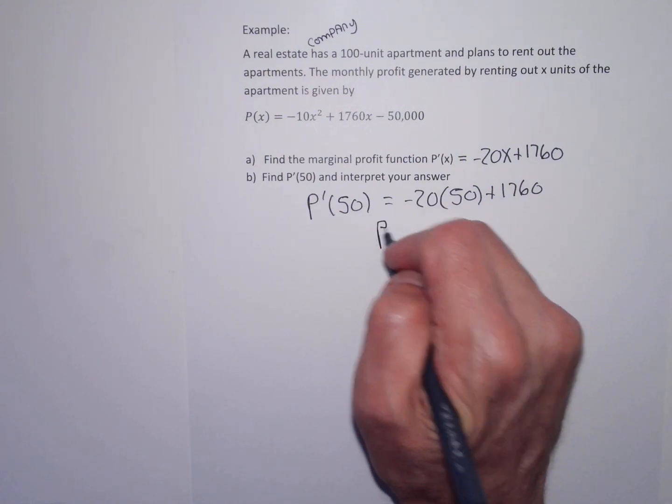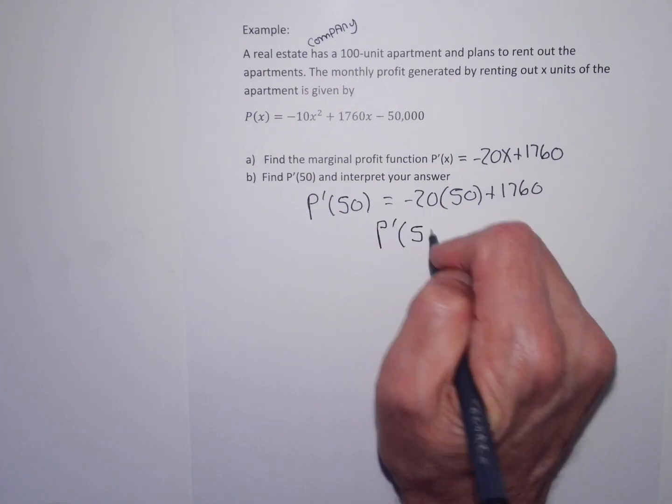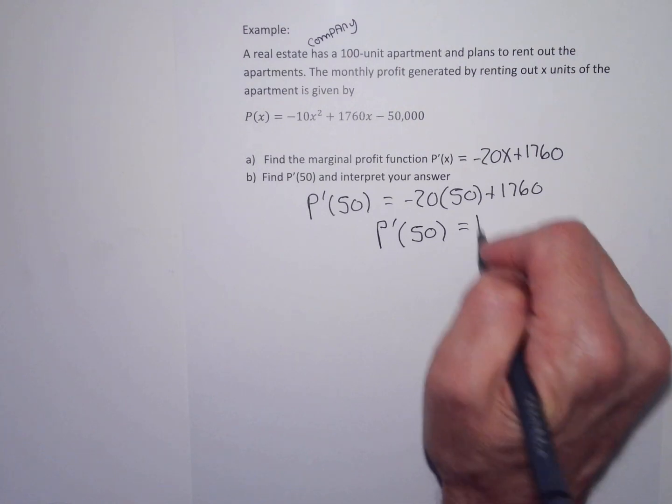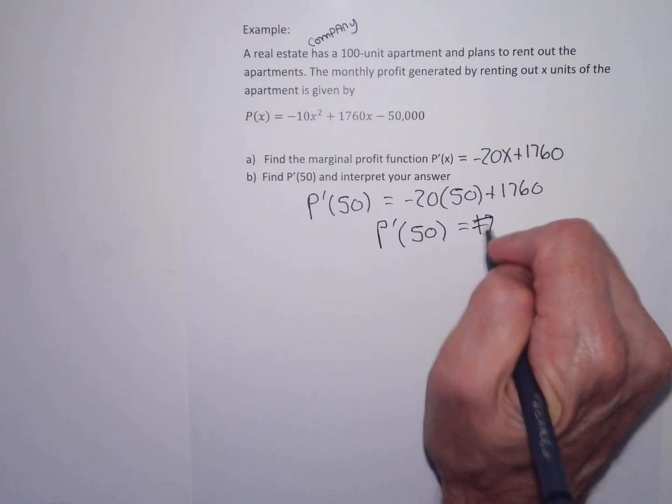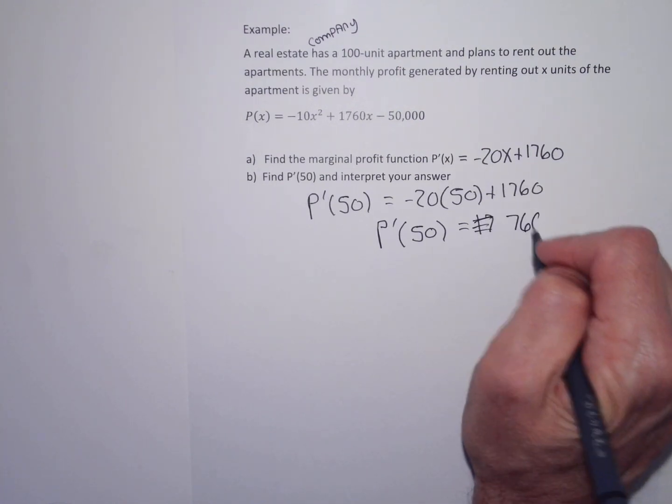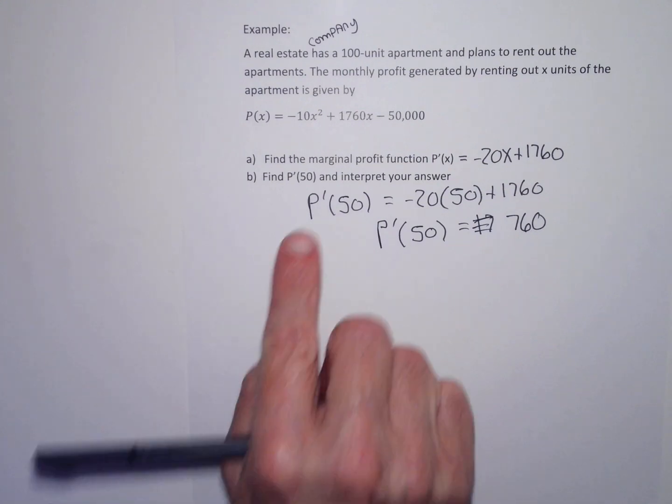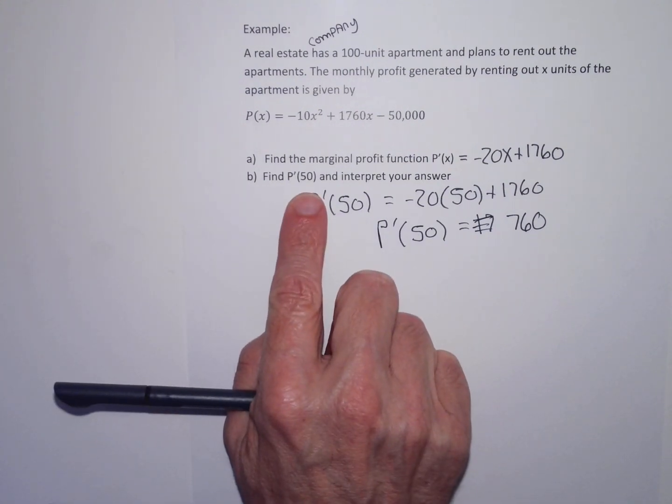So P prime, the marginal profit function evaluated at 50, is 760.